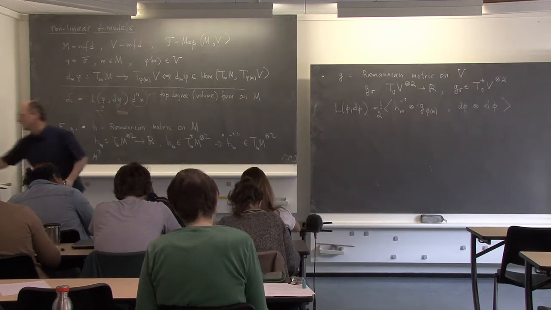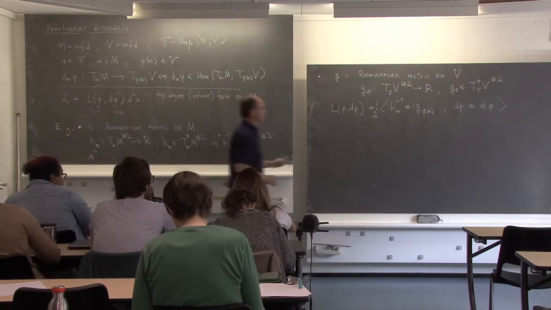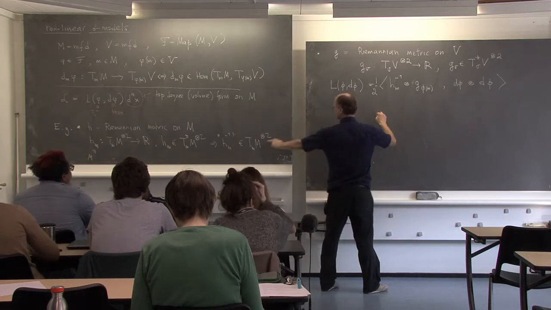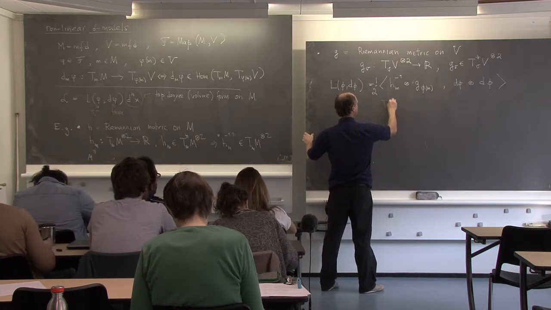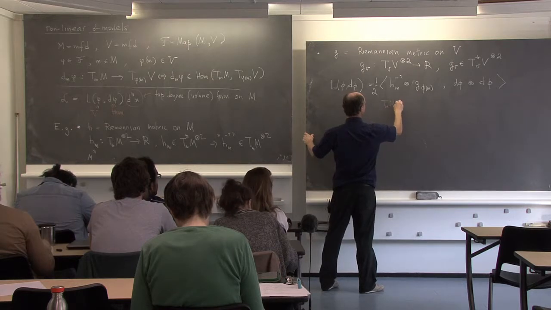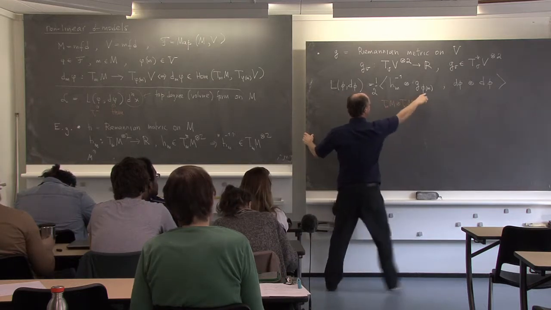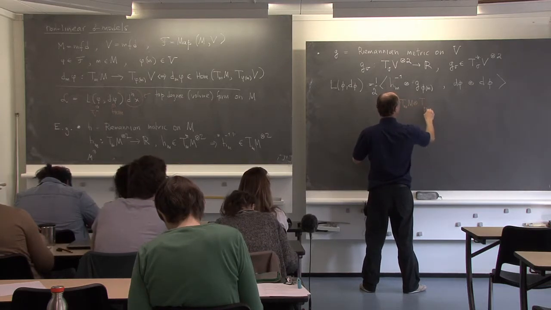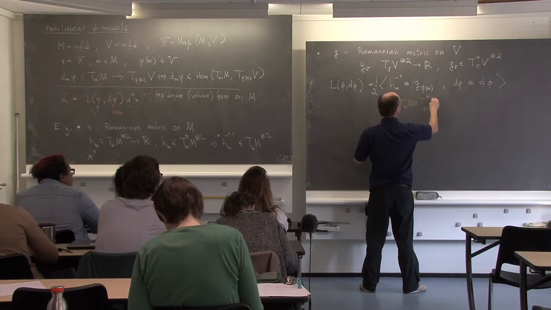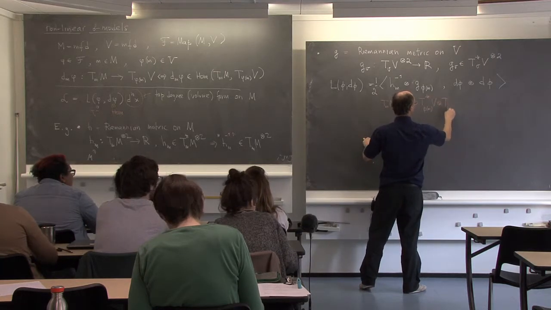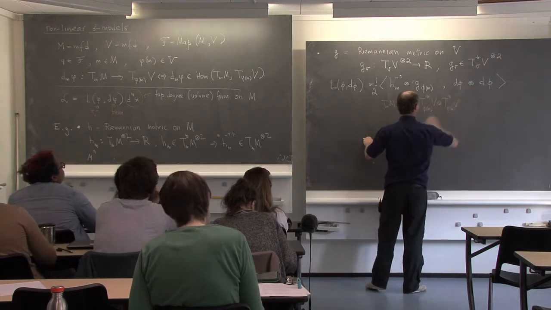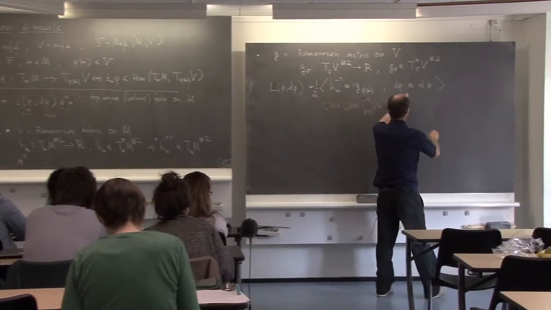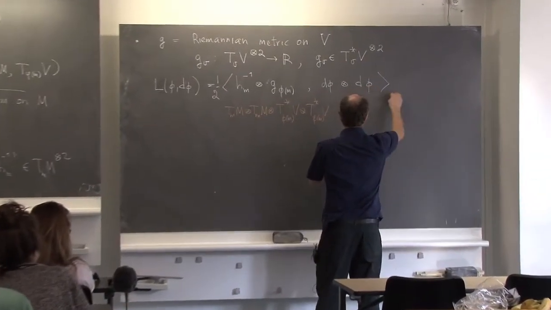So let's see what's the nature of the quantities which participate. This guy is in tensor square of TmM. This guy is in T phi of m star V tensor T phi of m star V. Now, what's the nature of this guy?